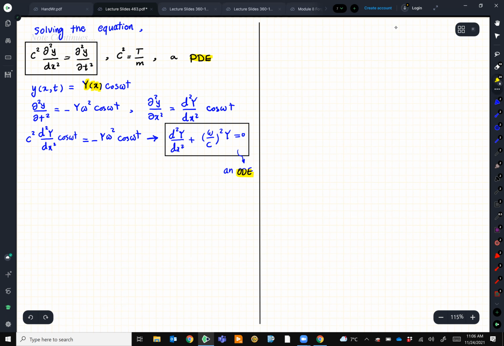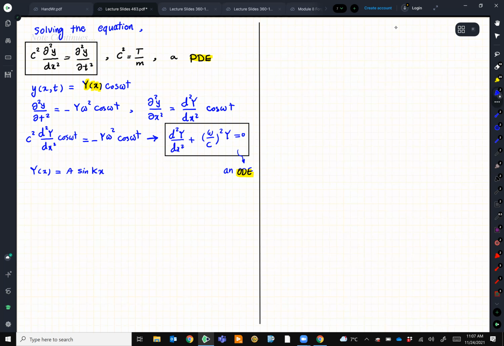So in fact, what we did is we separated the variable time, right? So now let's try solving this equation. This is a simple ODE, and probably we know how to solve it. Again, we start with a guess solution. Let's say Y(x) is equal to A sine, I'm out of letters, maybe kx. That's again a guess to solve this ODE.